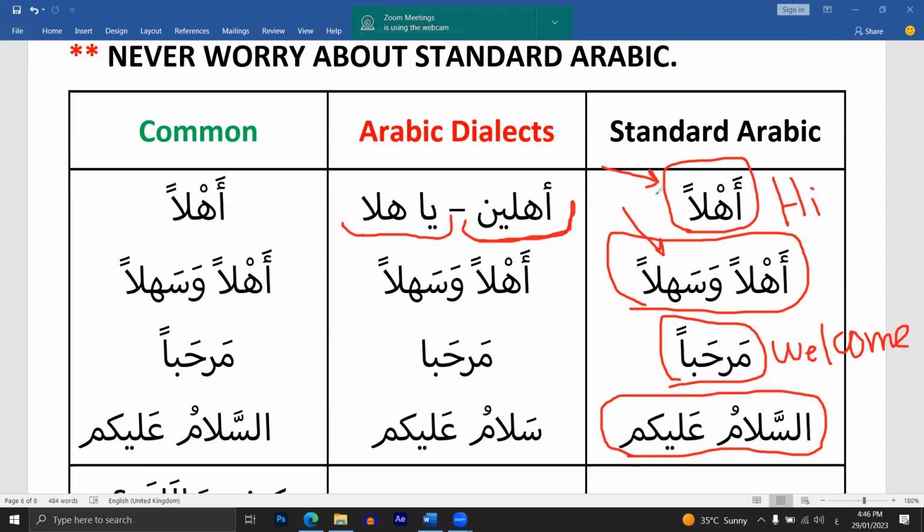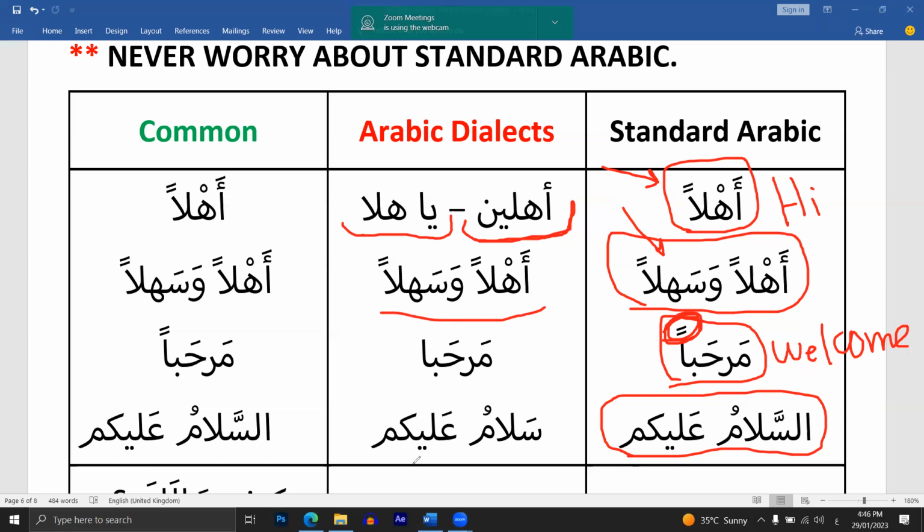There is no problem with that. Also, أهلا وسهلا, we use it the same. مرحبا, in some Arabic countries, they don't pronounce the tanween. It's supposed to be مرحبا with tanween, but they used to say مرحبا. We just leave it like this.